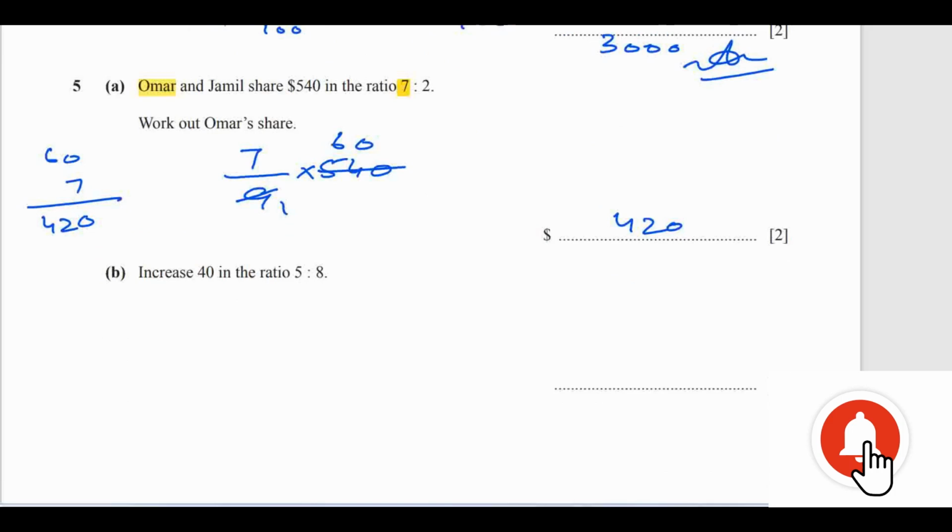Now let's move on to the next part. Increase 40 in the ratio 5:8. Now what does this mean?